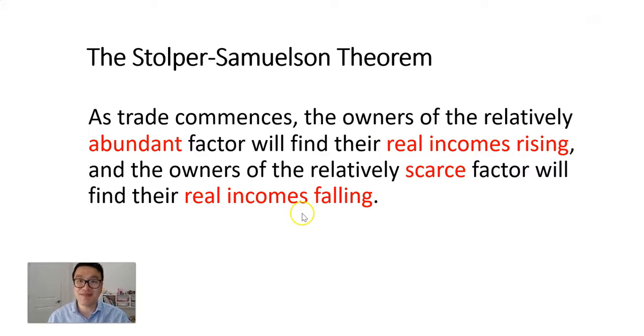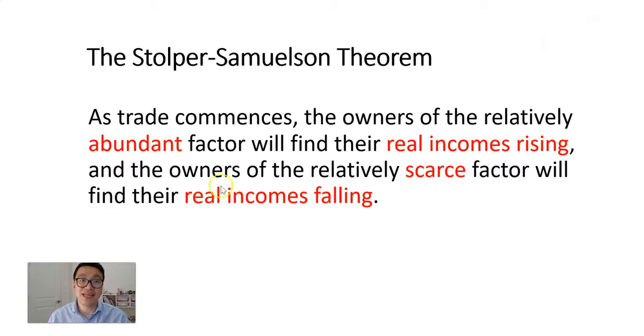We're going to check both of these conclusions by using one example, but in general the idea is very easy to understand. Say the US trades with China on two different goods, one labor intensive and one capital intensive.